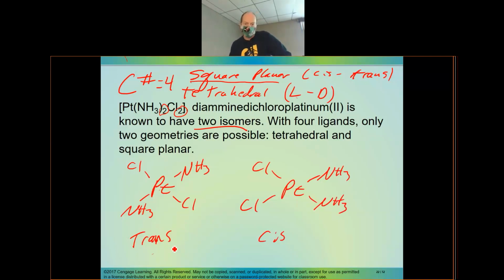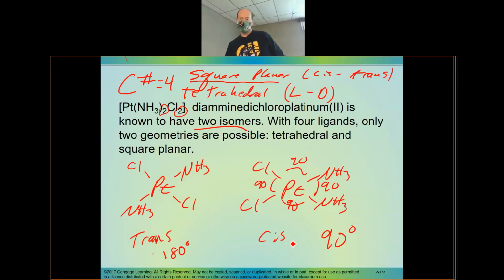When you do square planar, trans is when they are 180 degrees apart. Cis is when they are 90 degrees apart. This is a square planar, with 90-degree bond angles. So when you have 2 groups that are 90 degrees away from each other, that is the cis isomer. When they are 180 degrees away, that is the trans isomer.